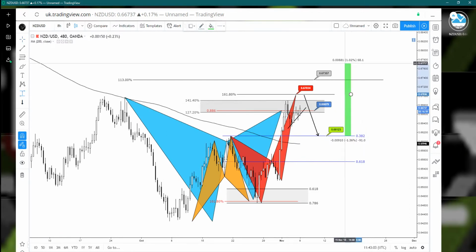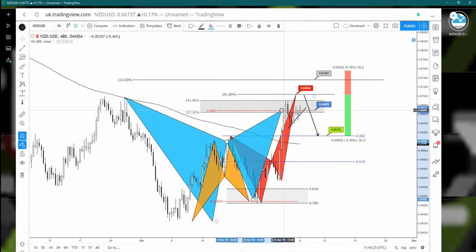So 90 pips above is a one-to-one risk-reward approach, and I will try to minimize that same risk, trying to take in consideration the possibility for the market to develop this alt bat pattern at 113 extension.